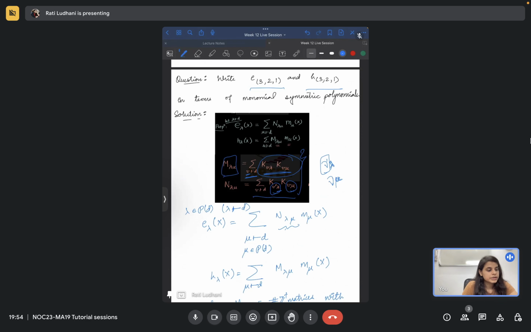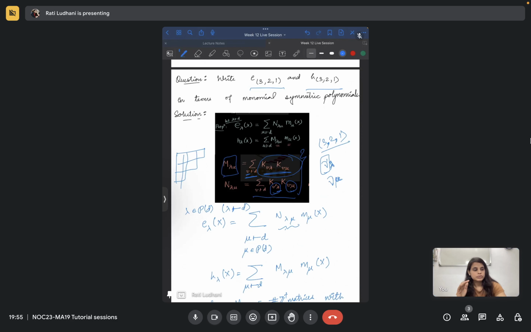It's the transpose of nu. For example, nu is a partition, say 3 2 1. Then what is the transpose? It's not like that. That is for the tableau, so think in terms of tableau. You have some tableau. When you do the transpose, the rows are becoming columns and columns are becoming rows, right?